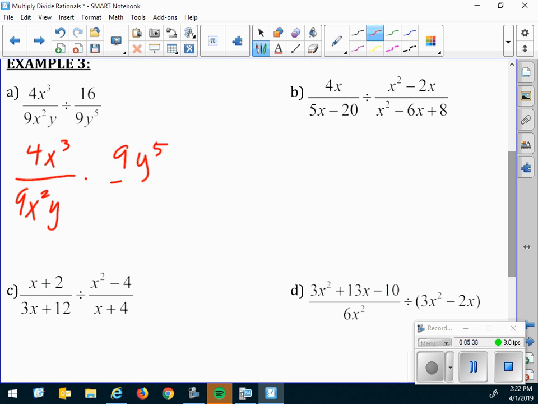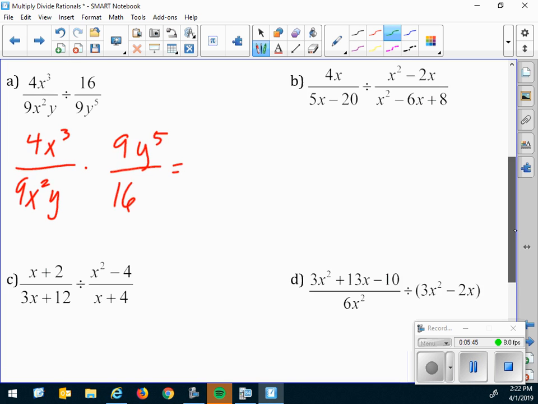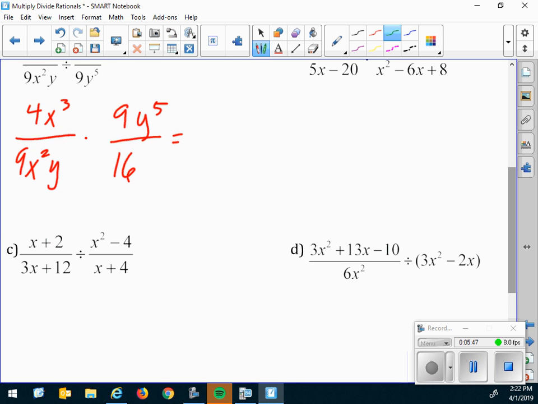Good. 9y to the 5th over 16. A lot of stuff will factor out. 4 and 16 will factor a what out? A 4 out. 4 goes into 4 once. 4 goes into 16 4 times. Okay, got that part done. 9 and 9. 9 divided by 9.